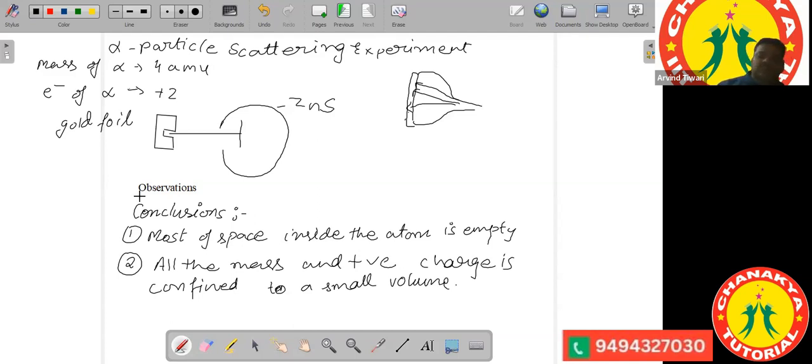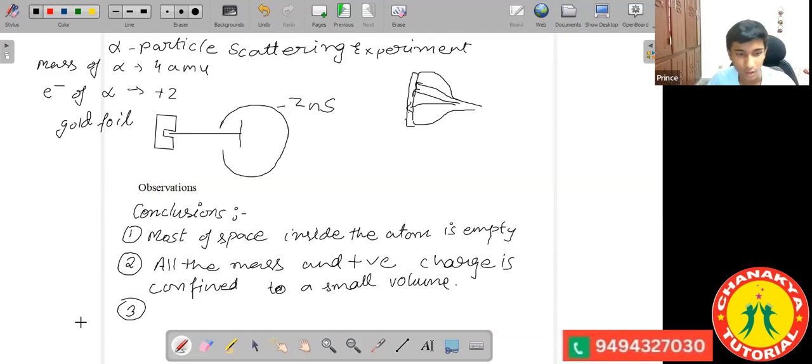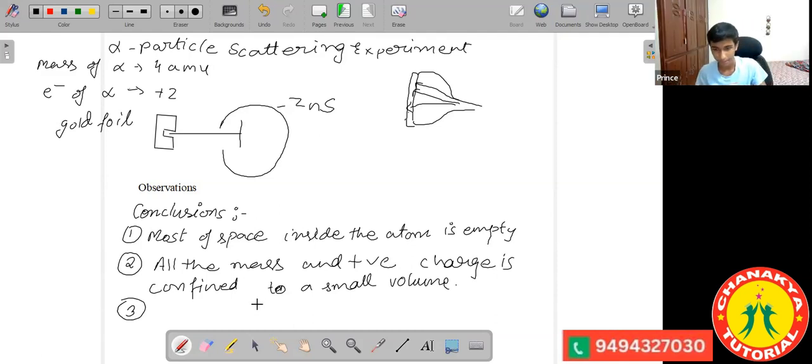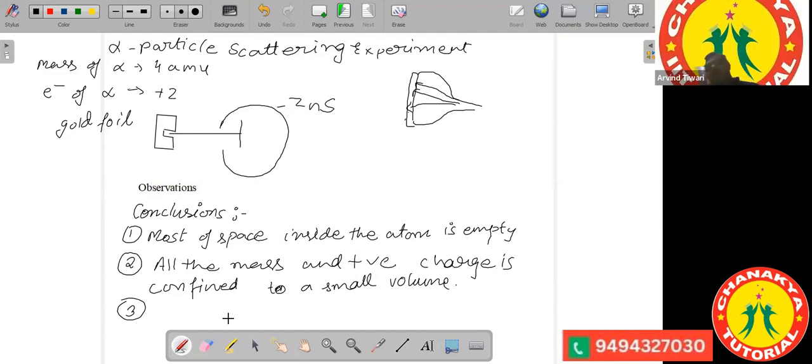Now the third one. What was the third conclusion? Sir, electrons revolve around the nuclei. Okay, so how did we conclude that the electrons revolve around the nuclei?